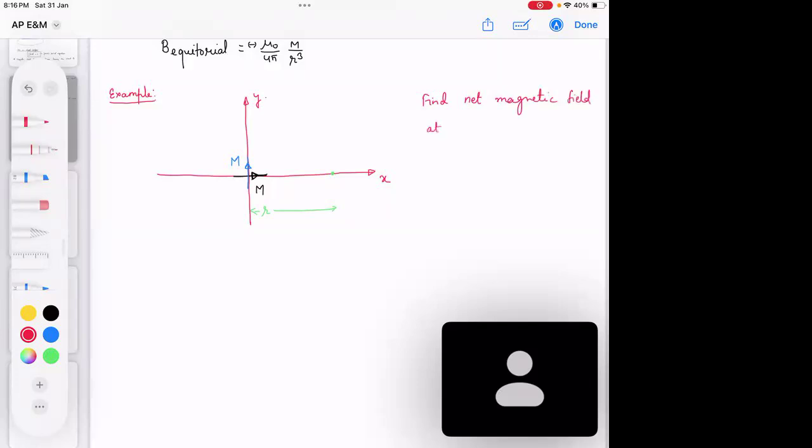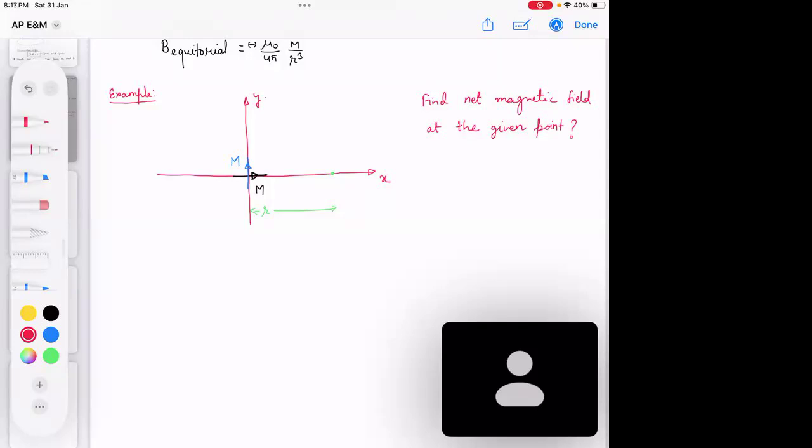So for the net magnetic field at the given point, who will create the magnetic field there? Can I say that both dipoles are going to create the magnetic field at that point? So let's calculate both of them, and after that we will add them vectorially.